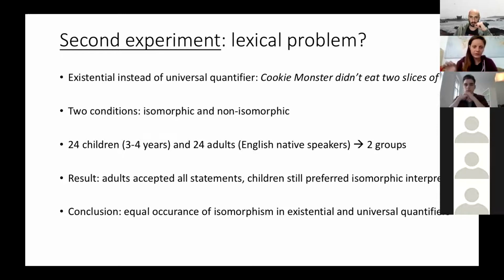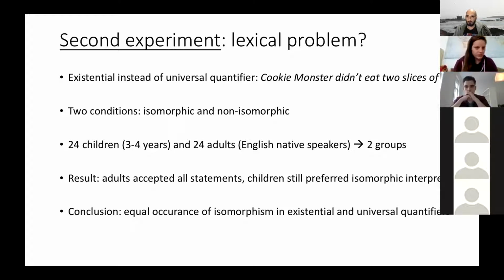In the isomorphic one, the Cookie Monster had 2 slices of pizza and only managed to eat 1, so the surface interpretation would be true. In the non-isomorphic condition, there were 4 slices of pizza, the Cookie Monster only managed to eat 2, but there were 2 that the Cookie Monster didn't eat. So the non-isomorphic interpretation would be true.